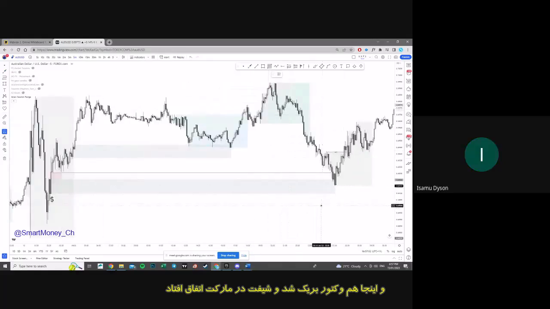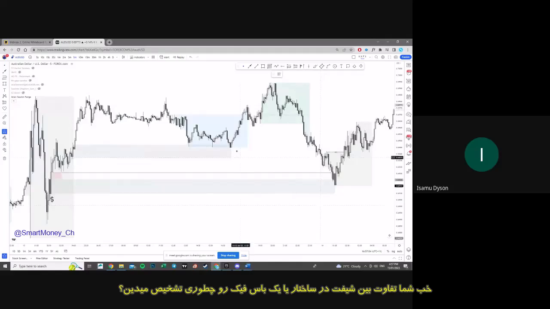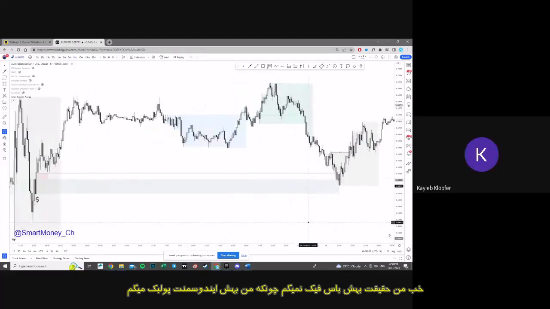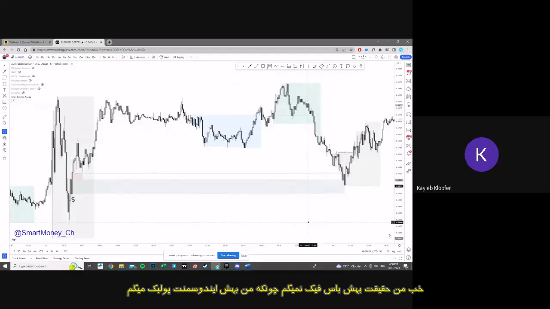How do you tell the difference between a market structure shift and a fake break of structure? So a fake break of structure, I don't really see it as a fake break of structure because I see it as an inducement pullback. But this is something we'll have to go over in another lesson because it'll take too long.